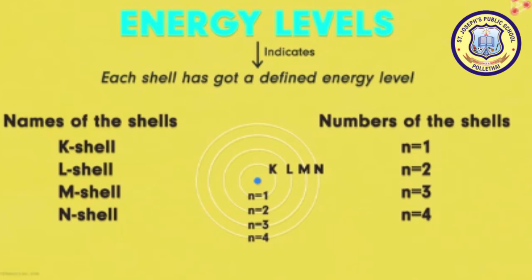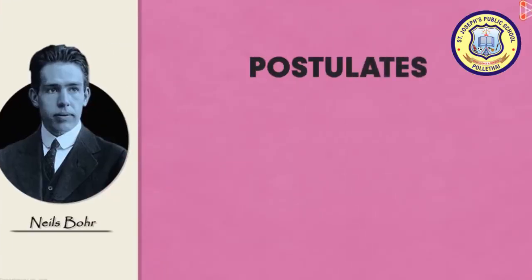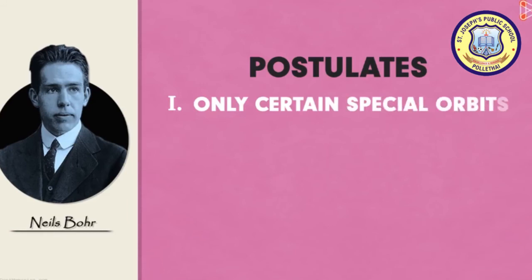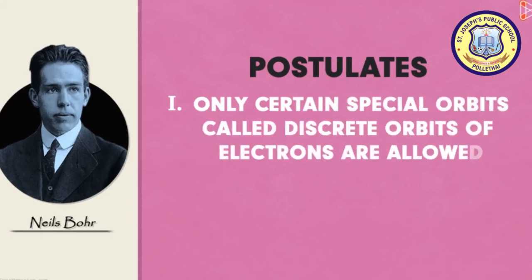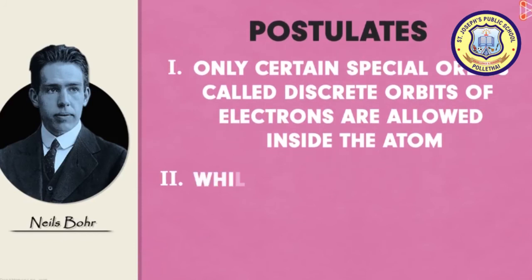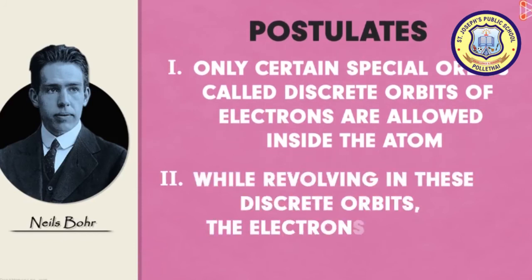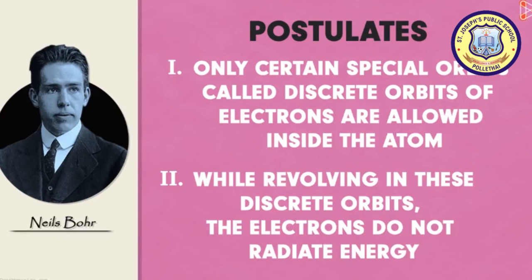The postulates of Bohr's model are: only certain special orbits called discrete orbits, through which electrons are revolving, and his second postulate was whenever these electrons are revolving around the nucleus, they will not lose energy, they will not radiate energy. These were the postulates of Niels Bohr.